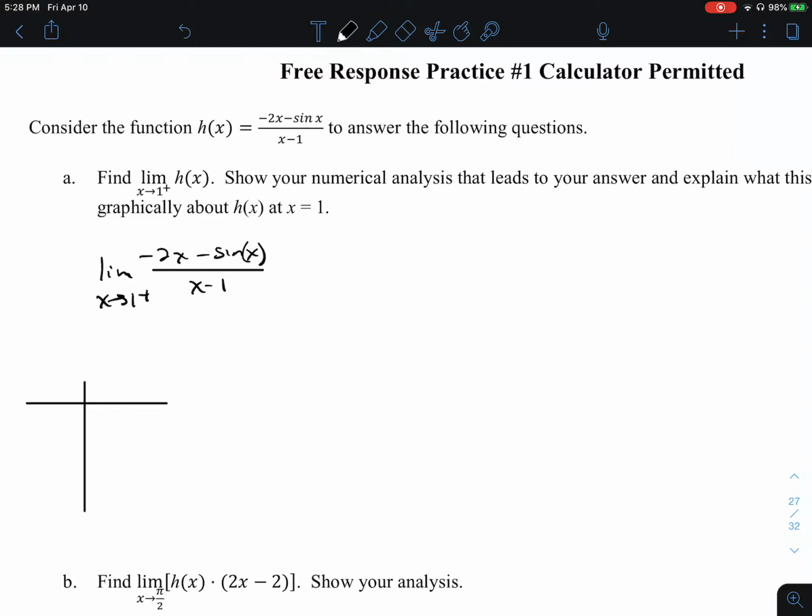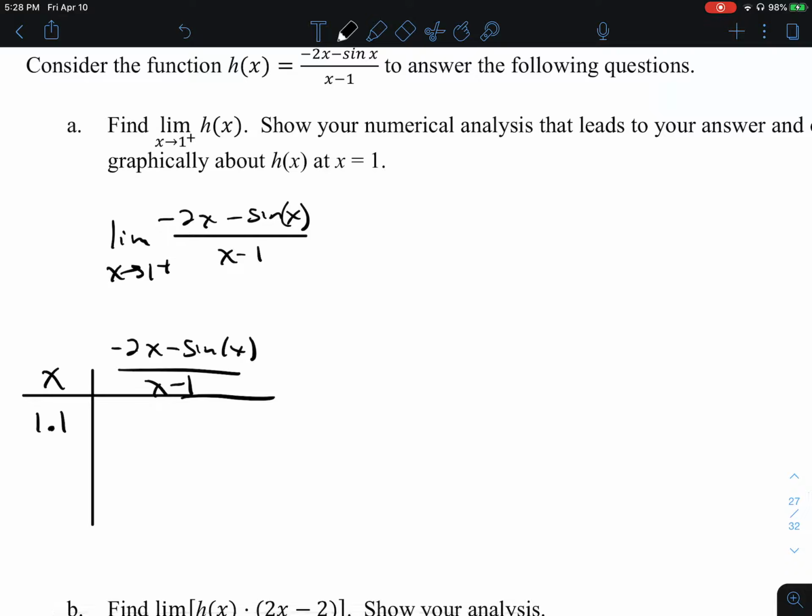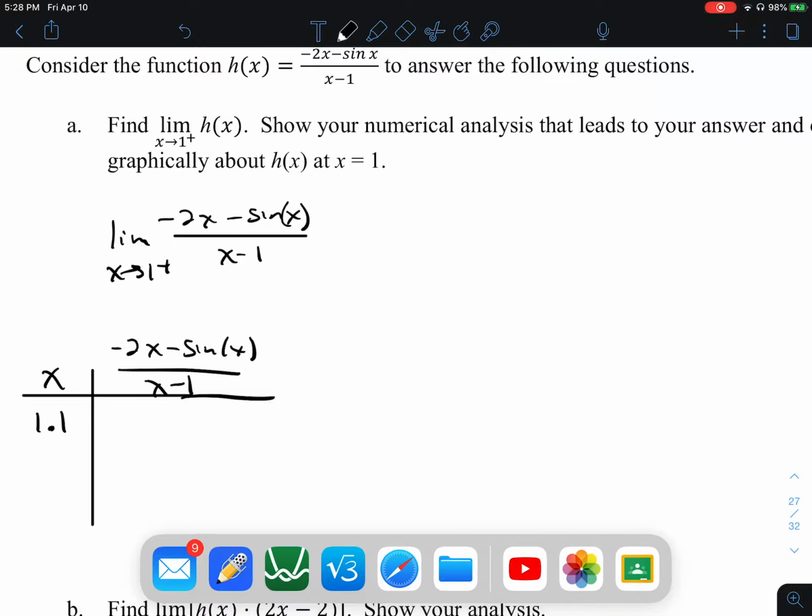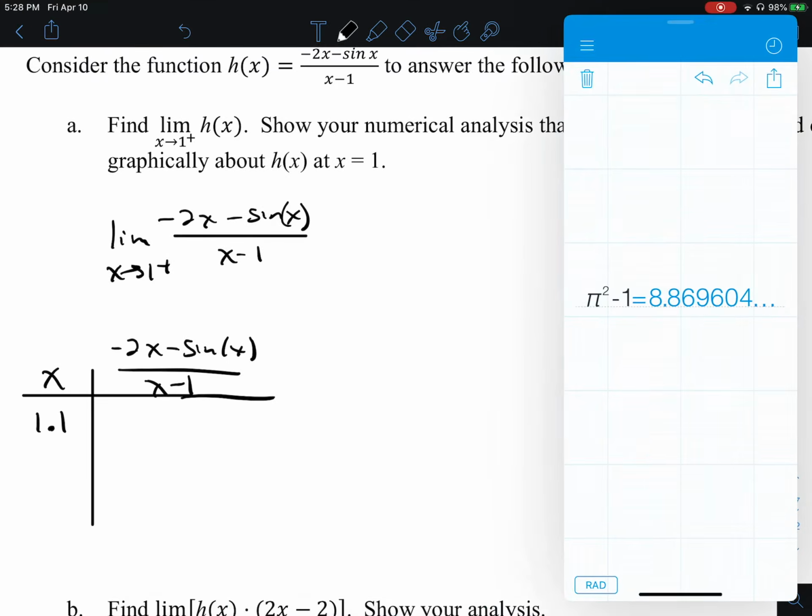If we approach 1 from the right, that might be something like 1.1. So if I have negative 2x minus sine of x over x minus 1, if I use my calculator, which I'm allowed to do, and I figure out 2 times 1.1 minus sine of 1.1, my top's going to be negative. 1.1 minus 1 is going to be positive.